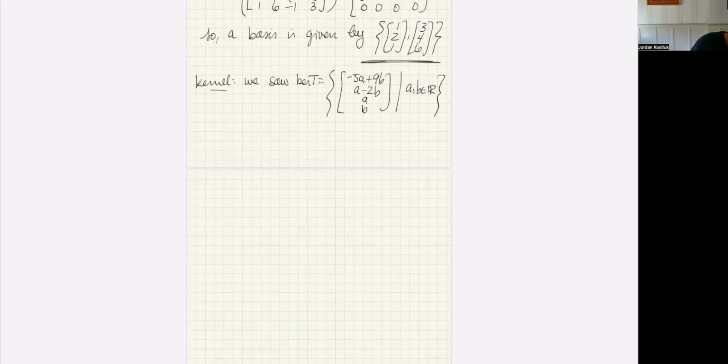And if we just keep breaking up these linear combinations, these are vectors of the form like so, plus b (9, -2, 0, 1).